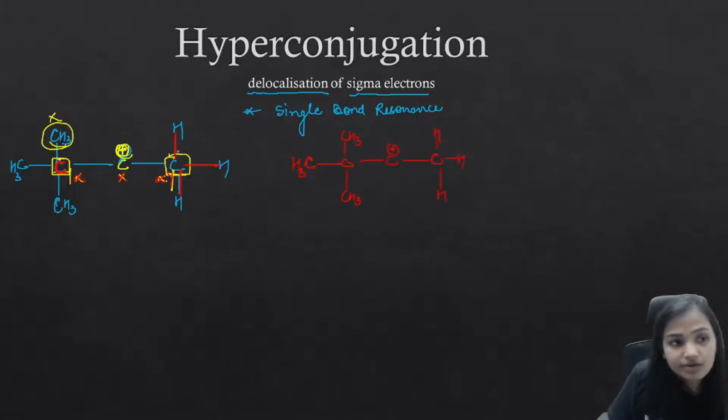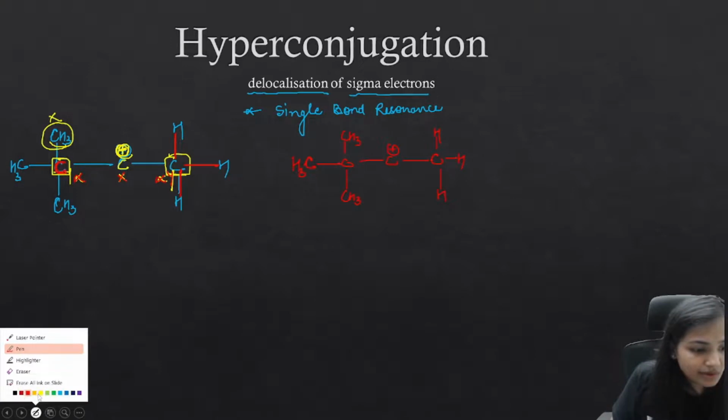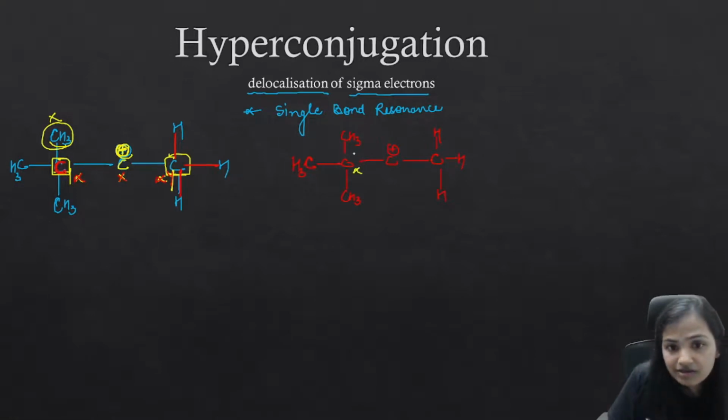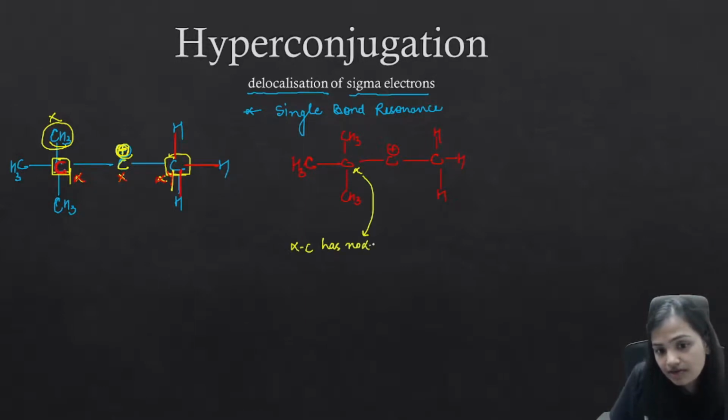If I look for help from this particular alpha, it is not going to help me because it has no alpha hydrogen, meaning no hydrogen attached directly to this carbon. If I look at this particular alpha, yes, this alpha carbon has 3 alpha hydrogens.